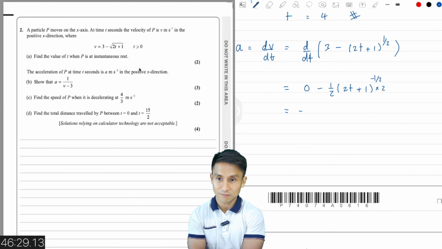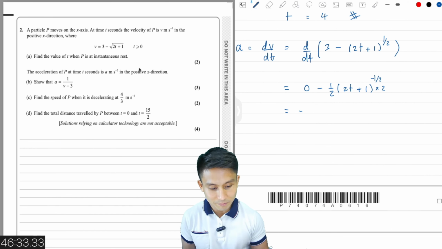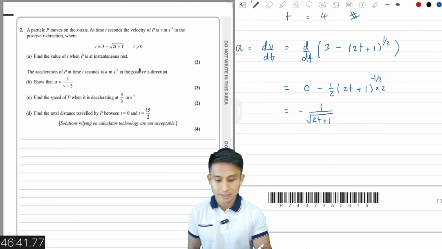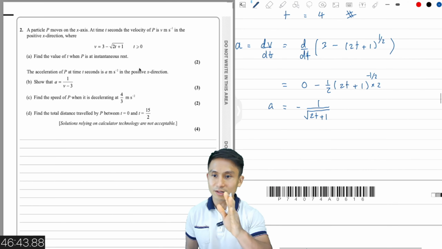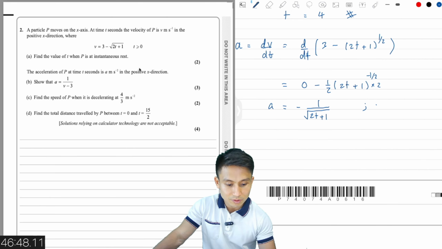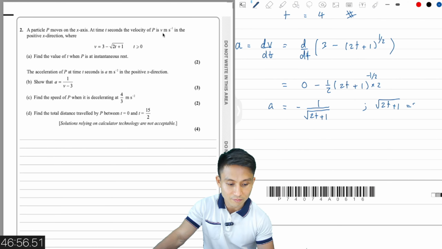Why do I have v minus 3? Oh, okay. This is in terms of v. We have to simplify it. So this is 1 over square root of 2t plus 1. Okay, this is a. But they want it in terms of v. From the initial equation, if you make square root of 2t plus 1 the subject, you have 3 minus v.